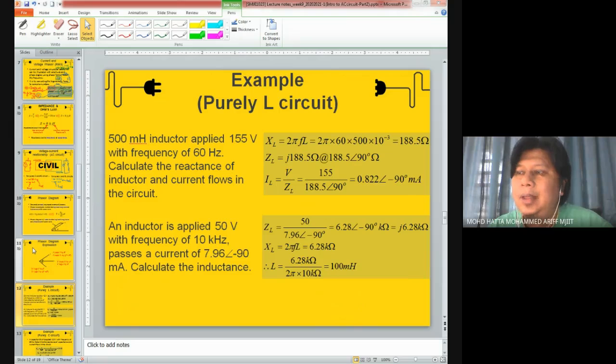a 500 millihenry inductor is applied 115 volts with a frequency of 60 hertz. This means that your inductor value is 500 millihenry and the voltage applied here is 115, and the voltage is not represented in a sinusoid form.